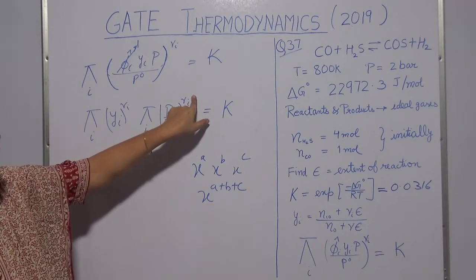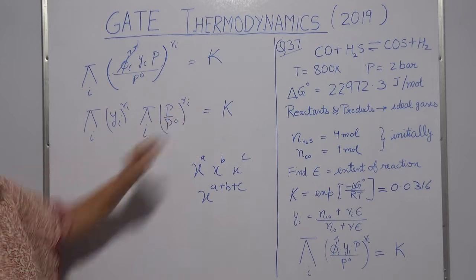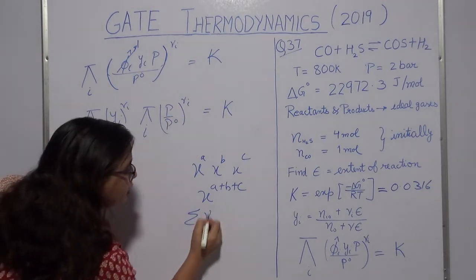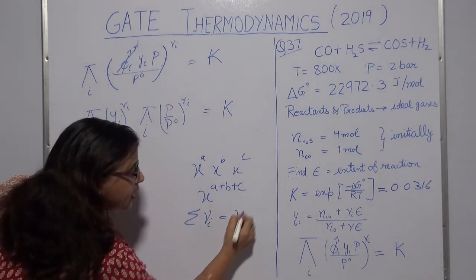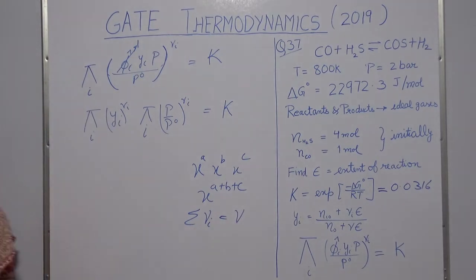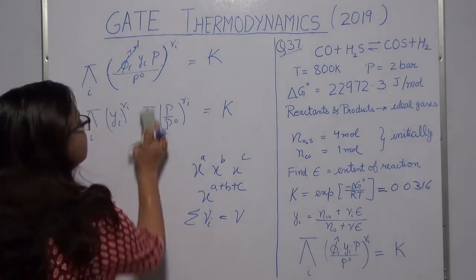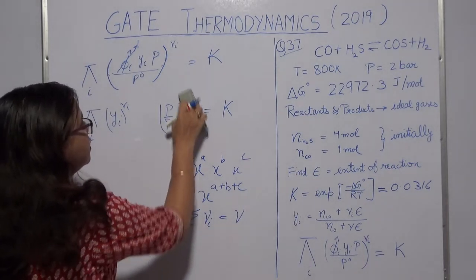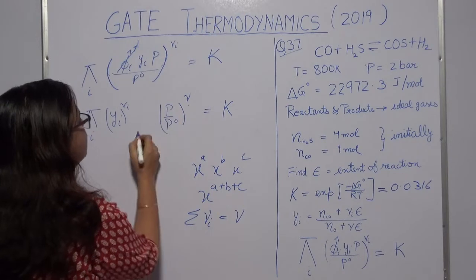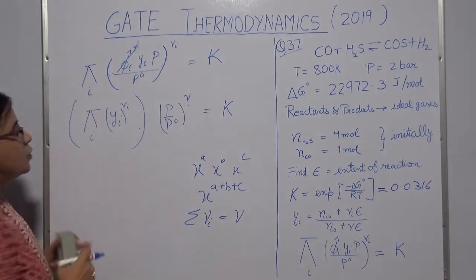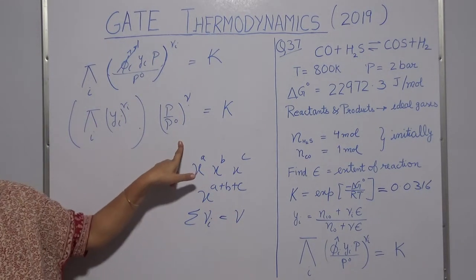So I have to take the summation of the powers, and you all know that summation of nu_i we denote as nu. So instead of writing this, I can write the whole thing as P upon P naught raised to nu. I have now simplified this equation.